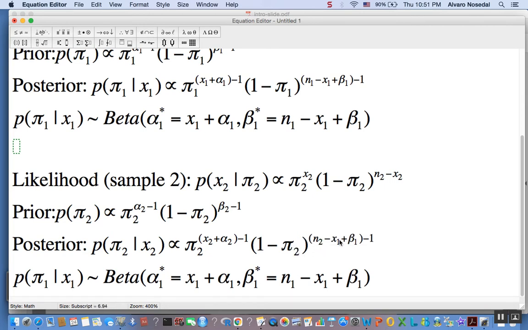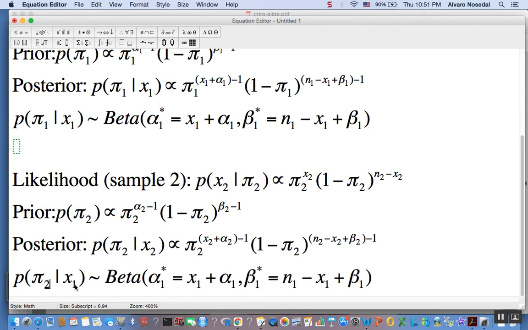And we know that is going to be proportional to the product of prior times likelihood. We're going to end up with something like this, just like before, since the beta distribution is the conjugate distribution for binomial likelihoods.